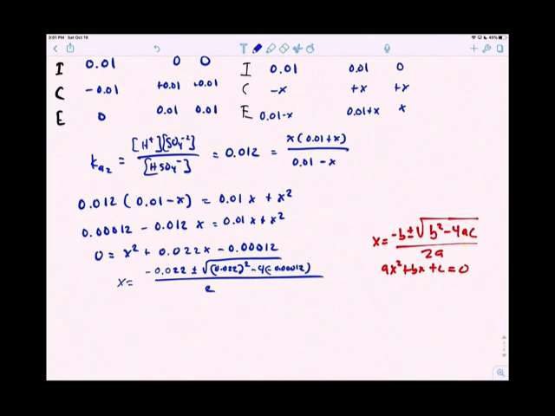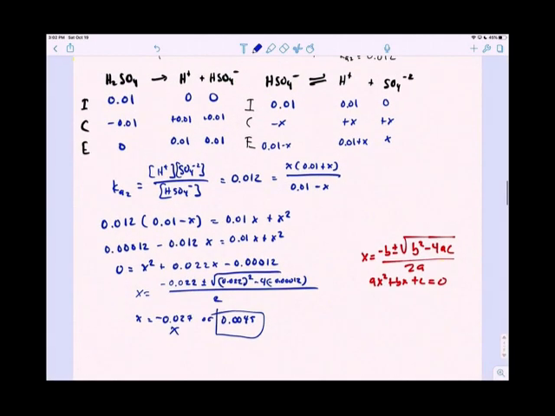And solving for x is equal to negative 0.027 or 0.0045. This one is not correct because it's a negative value. So that's the one that's correct. So that is our x.